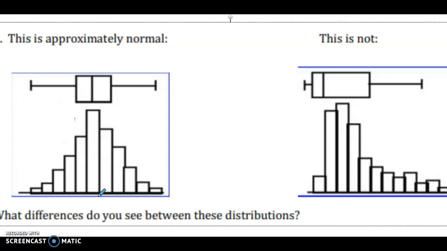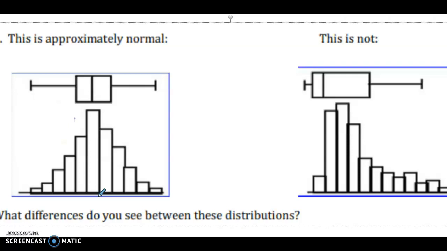All right, so let's talk about the box and whisker plot that is above this normal distribution on the left. So normal distributions deal with the mean. So that is the middle. But do you remember how we find box and whisker plots? So a box and whisker plot still takes all the data, just like a normal distribution, but it divides it into 4 pieces, the quartiles.